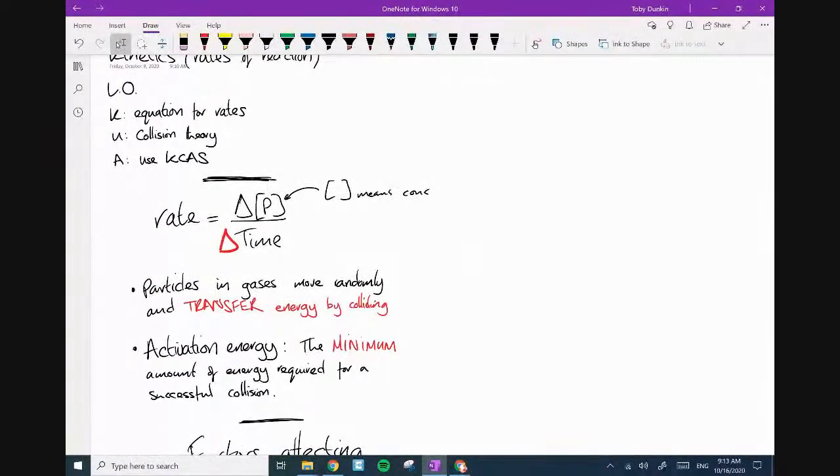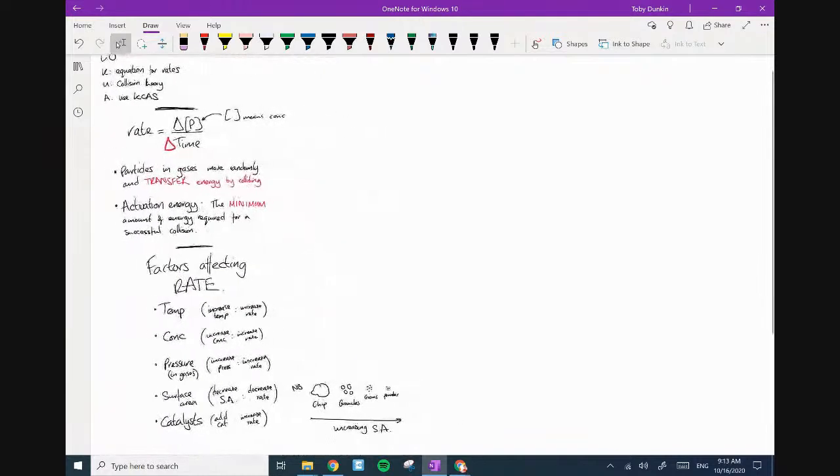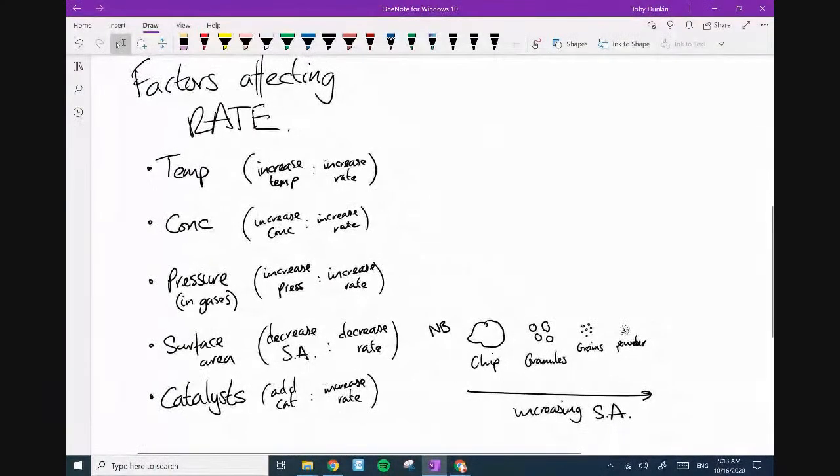And then our last learning objective, which is where we got up to, was to use KCAS. Now, we didn't get to KCAS. What we then did was we talked about the factors. What things can change the rate? And I just want to make a quick note, guys, that volume is not one of them. Students think that when you see chemistry teachers like myself blowing stuff up, with flashes and bangs and color changes, you always like to add more.